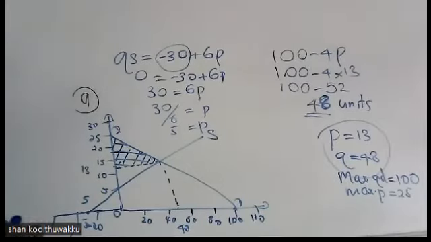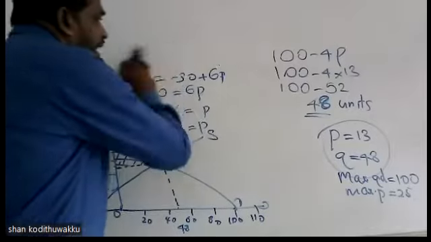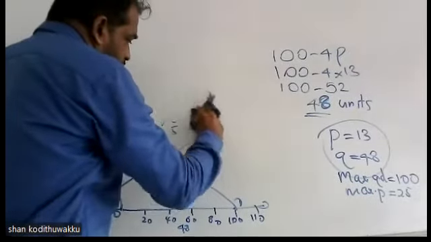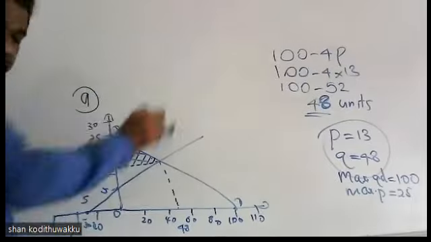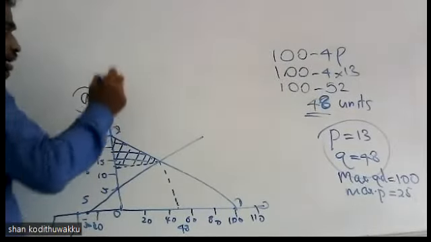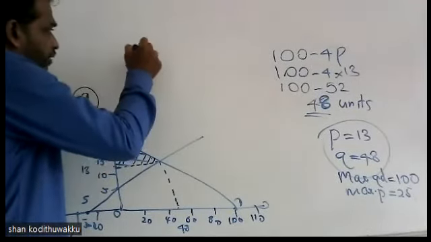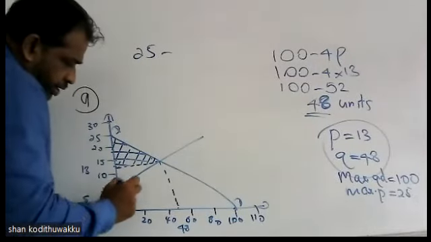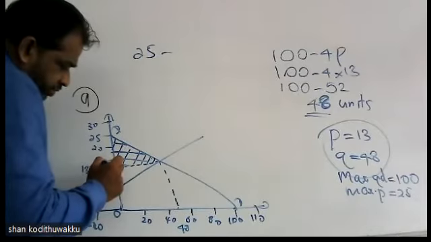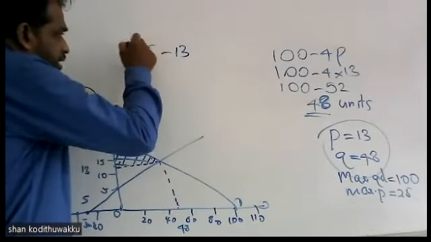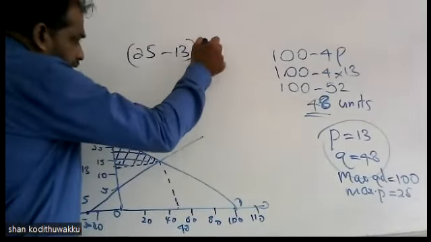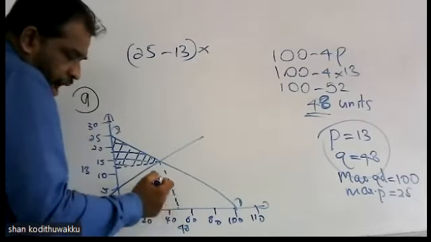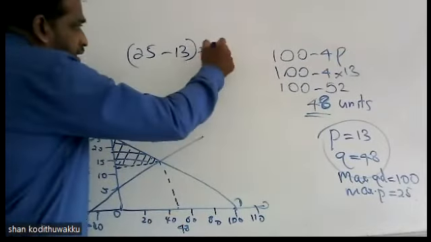Then consumer surplus, you can calculate like this. Consumer surplus equals the highest price 25 minus what consumers pay, 13, then you can multiply by market equilibrium quantity 48.